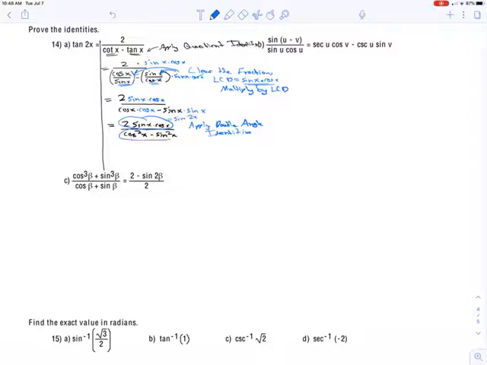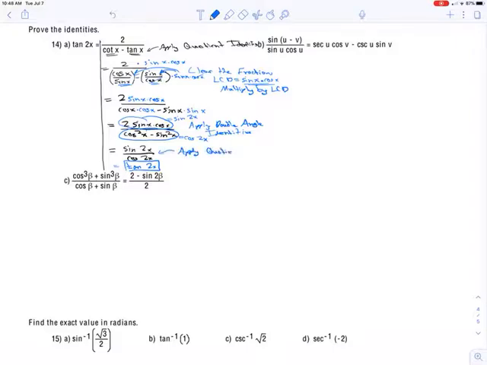And the denominator, hopefully you recognize, is a double angle identity for cosine. That's cosine of 2x. So as we simplify this fraction down, the numerator is now sine of 2x divided by the denominator, which is cosine of 2x, which from the quotient identity defines the tangent of 2x. Apply quotient identity.